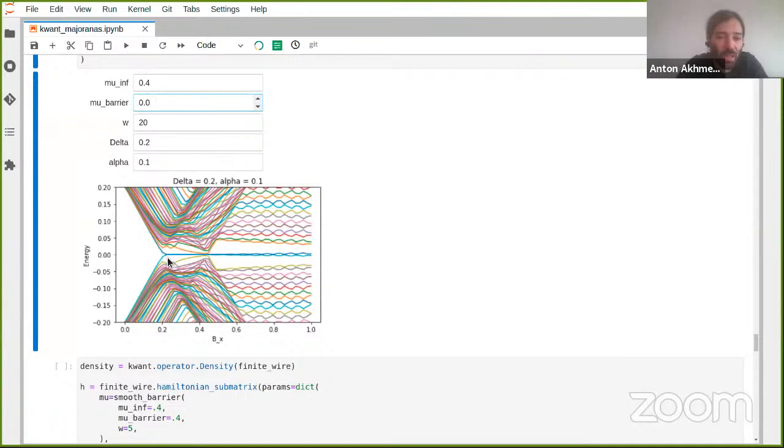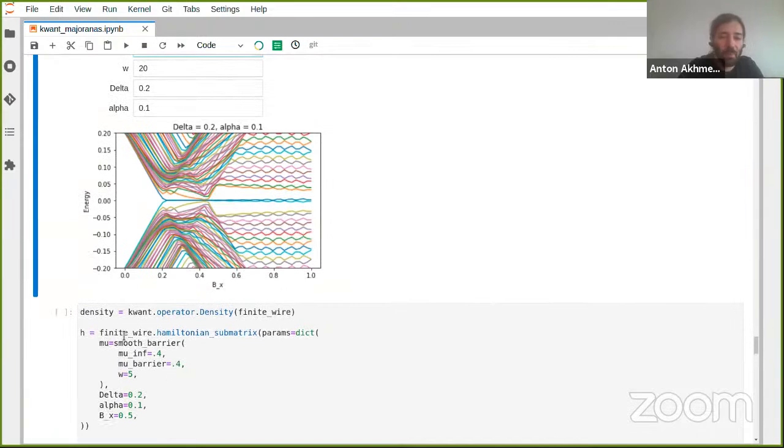But you see, there are two states coming to zero and sticking very close to zero. In fact, they stick even better at zero than the Majoranas in the topological regime. That was quite a bit of a surprise when people started studying it. Turns out there's a semi-classical argument, and there is a different exponentially protected degeneracy of states that appears when the confinement is smooth compared to the spin-orbit length scale.